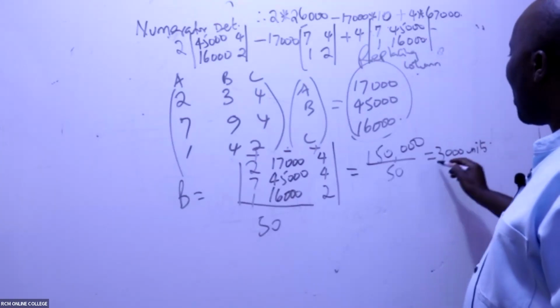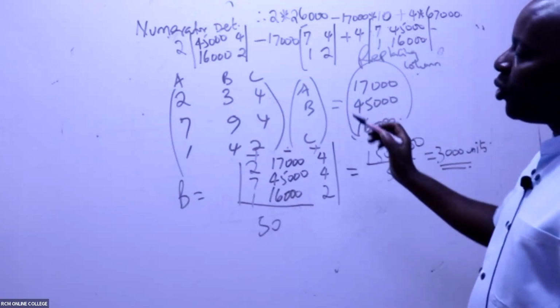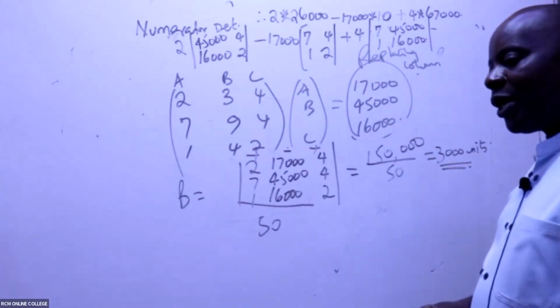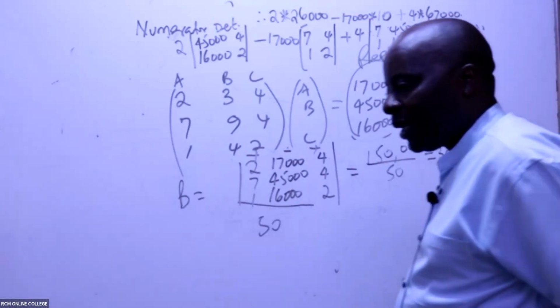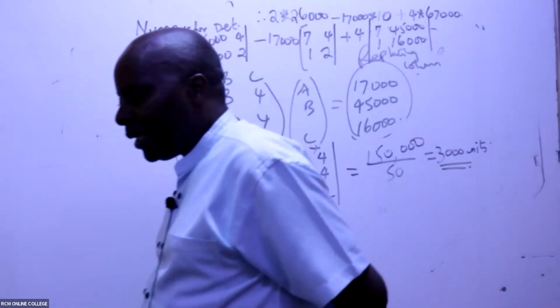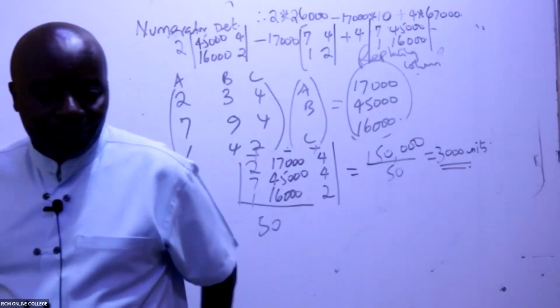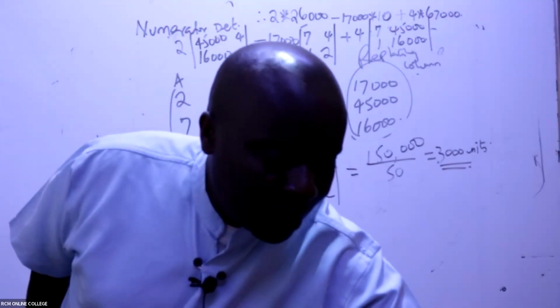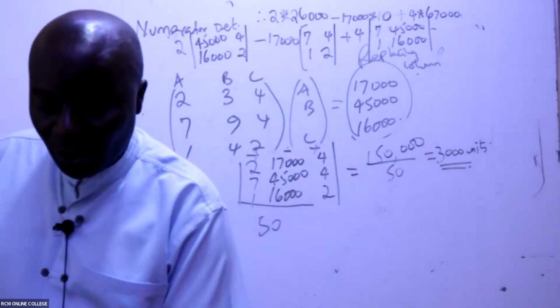So can I give you a minute, you try C on your own? Can I give you 1 minute, you try C on your own? Thank you so much. Let's see whether you'll be able to get this C on your own pretty fast.